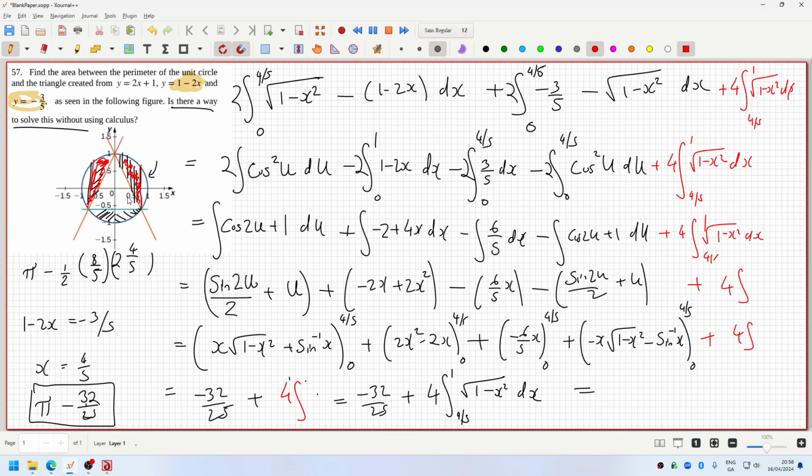Oh, sign mistake, because this curve is minus root 1 minus x squared, and when you minus it, it becomes a plus. Right, okay. So that root 1 has a plus in it. So that's going to change things quite a bit. That one has a plus in it. That has a plus in it. So that's gone. That's a plus.